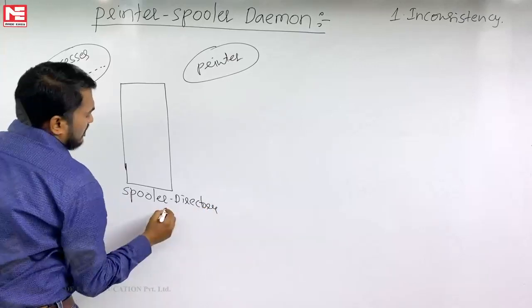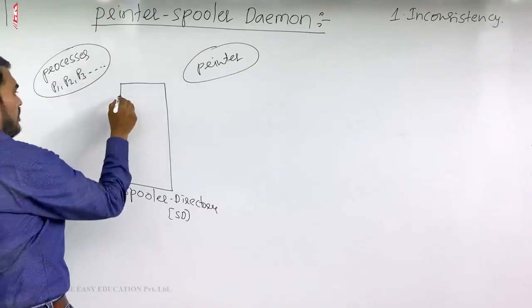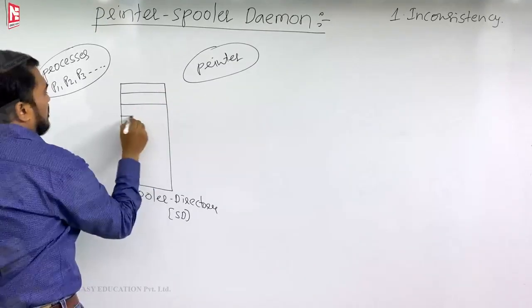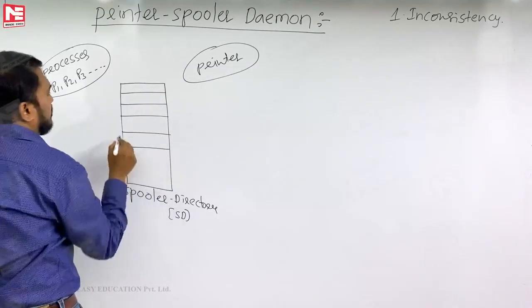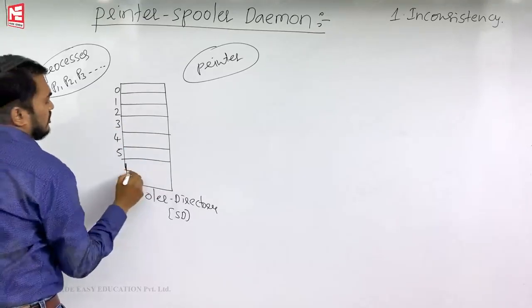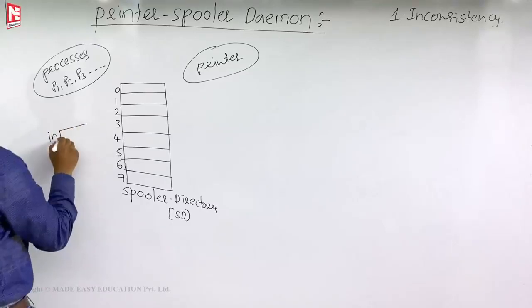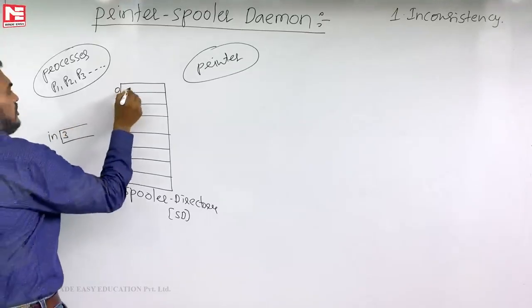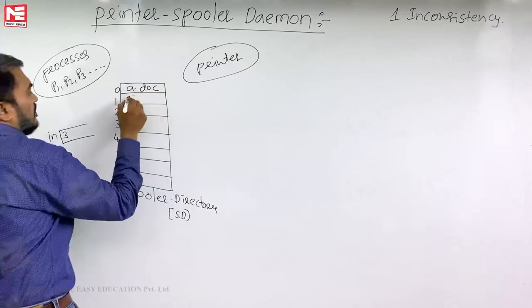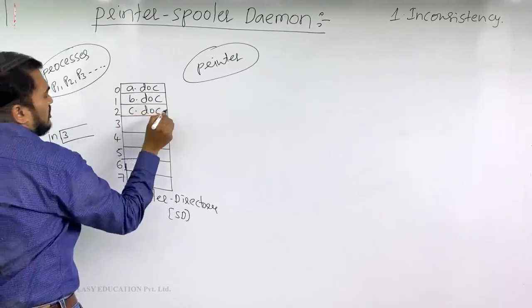So spooler directory, that is SD. Just copy this. A.doc, B.doc, C.doc.